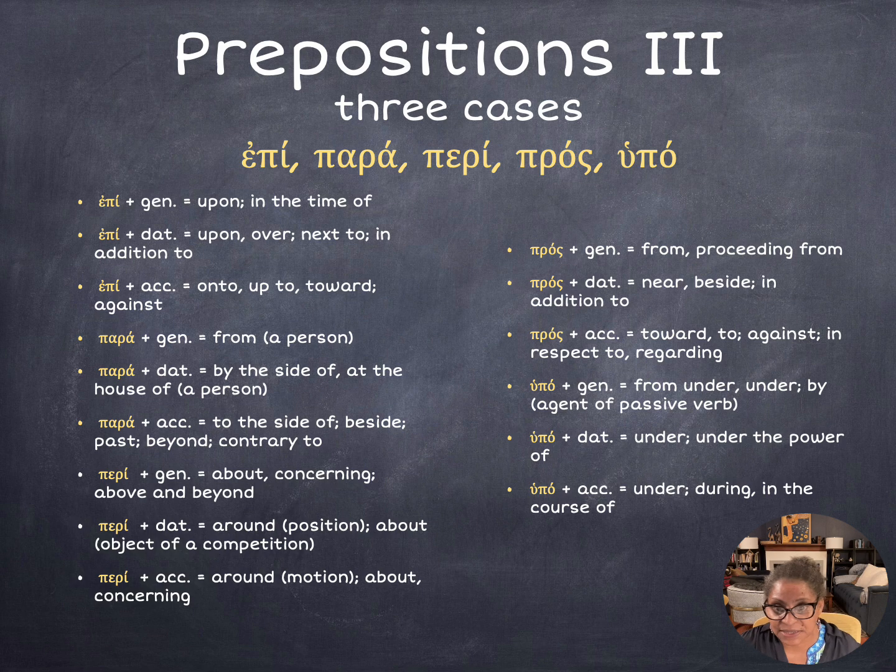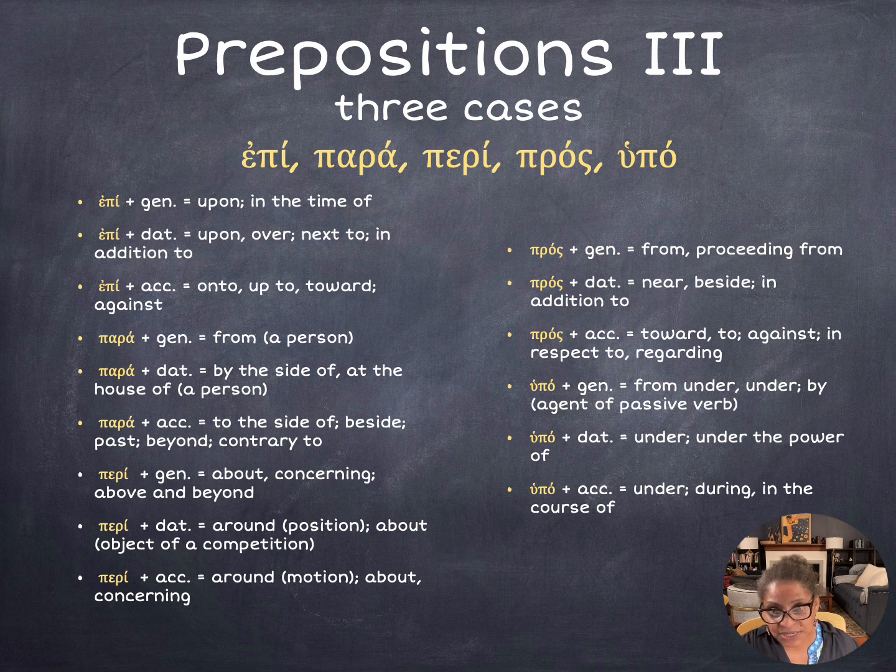Pros plus the genitive, again, from, proceeding from. Pros plus the dative means near, being near, beside, in addition to. Pros plus the accusative, again, toward, to, against, in respect to, regarding.